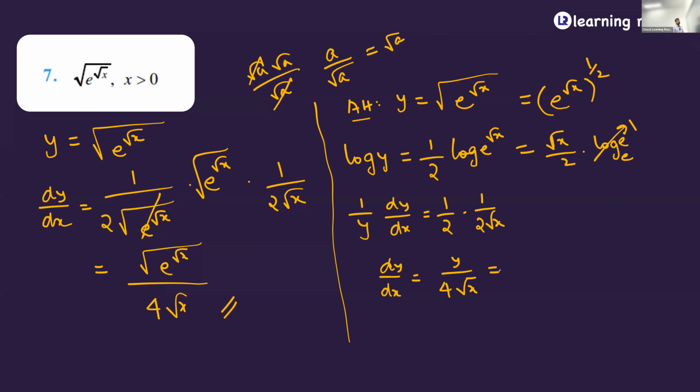So what is y? See, my answer is matching. So it's the same. I wrote it in a simplified way. I think for this problem, this is easier, provided you are able to handle log carefully. Are both the methods clear? Make a note of.